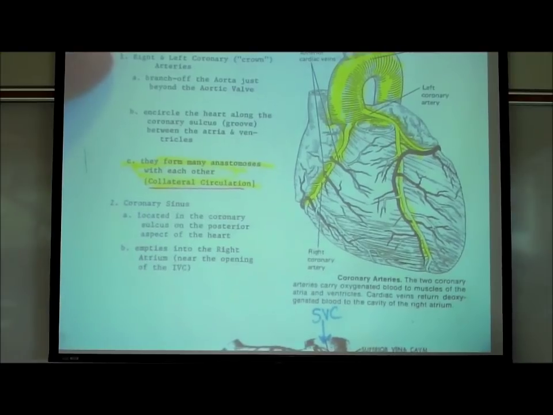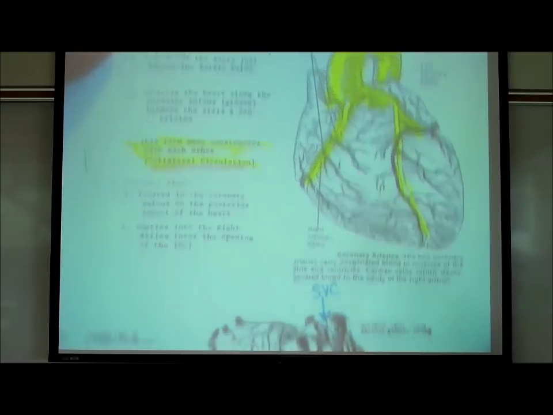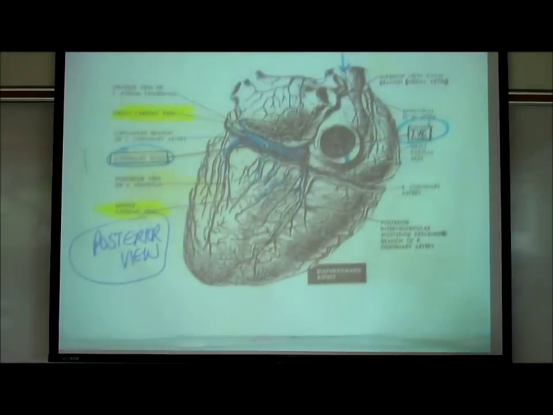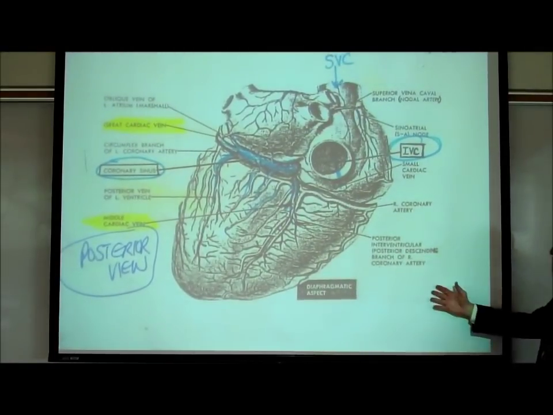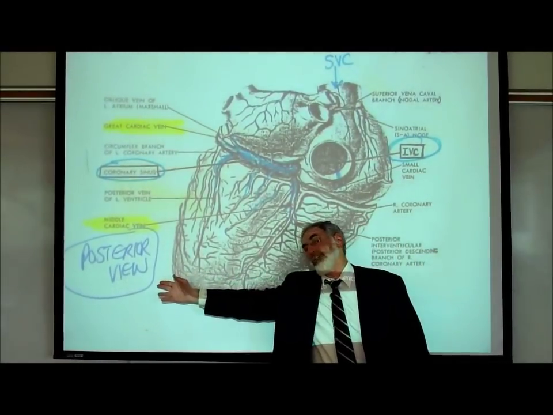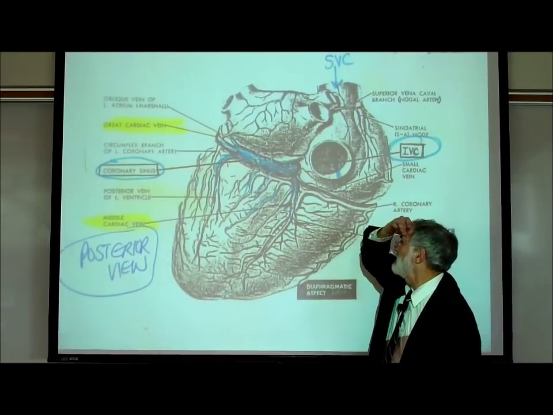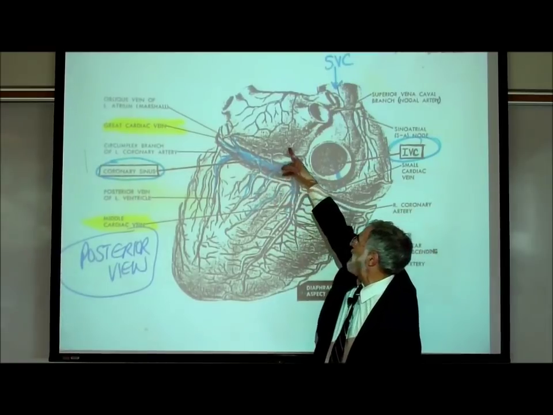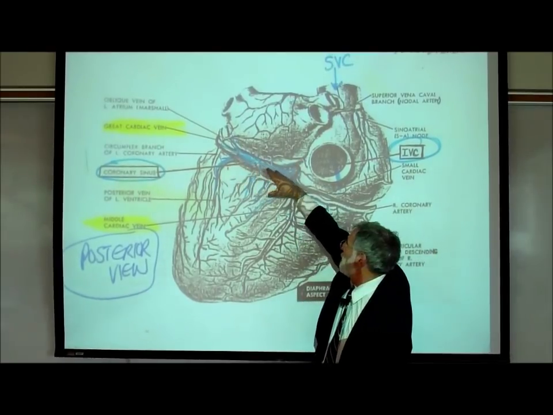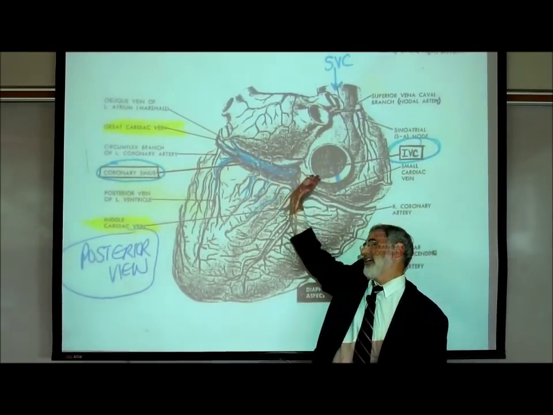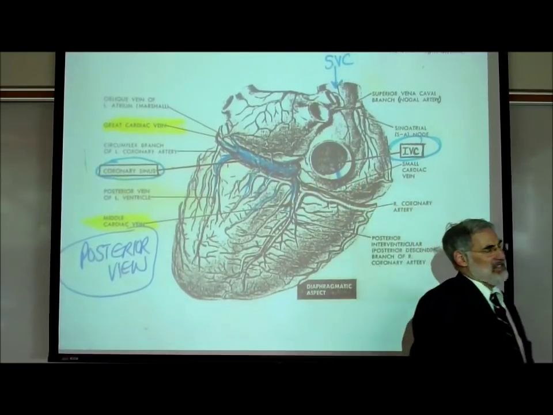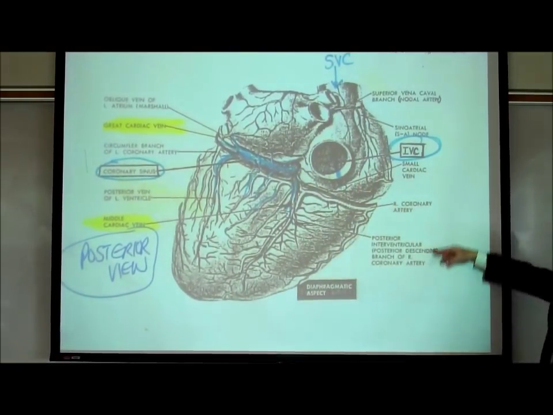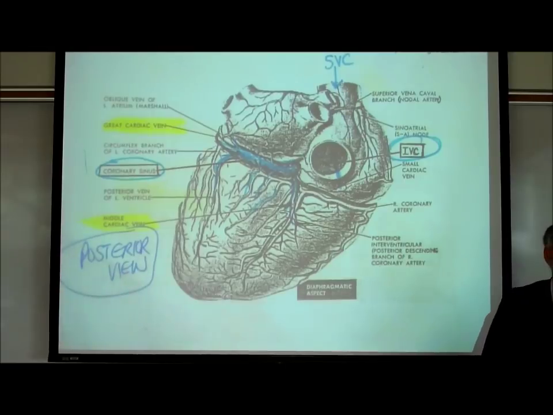Now, on the back side of the heart, there is a large vein called the coronary sinus. So here, this is a posterior view of the heart from the back side. And here, there shows many small cardiac veins where the blood flows into this coronary sinus, and the blood flows from the coronary sinus into the right atrium, along with blood from the superior vena cava and inferior vena cava.